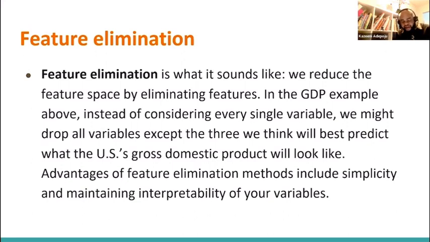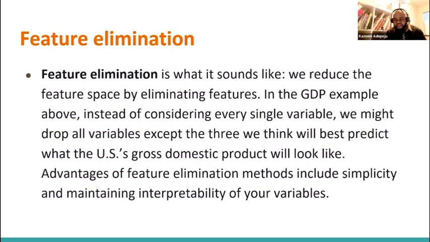In the GDP example, maybe we're looking at some determinants of economic performance, and we got a lot of variables. We might decide to drop all variables except maybe the three important ones that we think best predict the United States GDP.